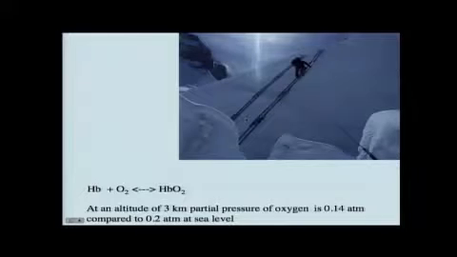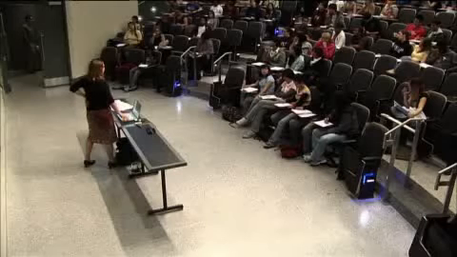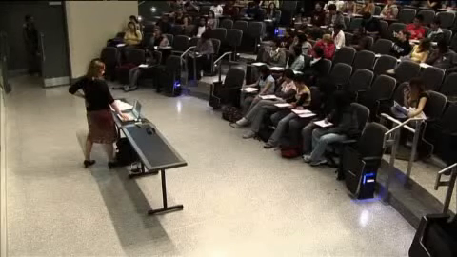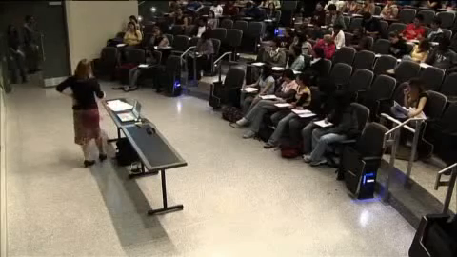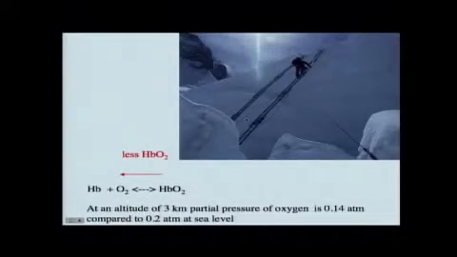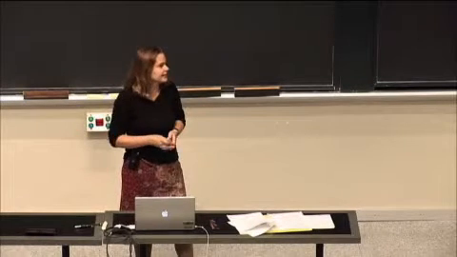What direction does it shift? To products or reactants? Right. So if this is going down, then some of your oxygenated hemoglobin is going to release its oxygen. So it'll respond in such a way to compensate for that added stress.